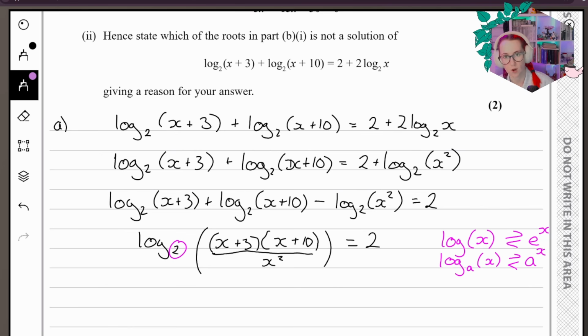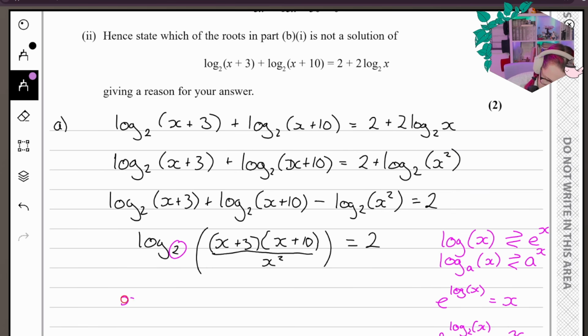Those two functions are the opposites of each other now. So because we're in log 2, we're going to take the power of 2. What I mean by these arrows is that e to the log x equals x. And here, 2 to the power of log 2 of x equals x. And similarly, log base 2 of 2 to the power of x. They undo each other. So go forwards, go backwards, and they cancel out.